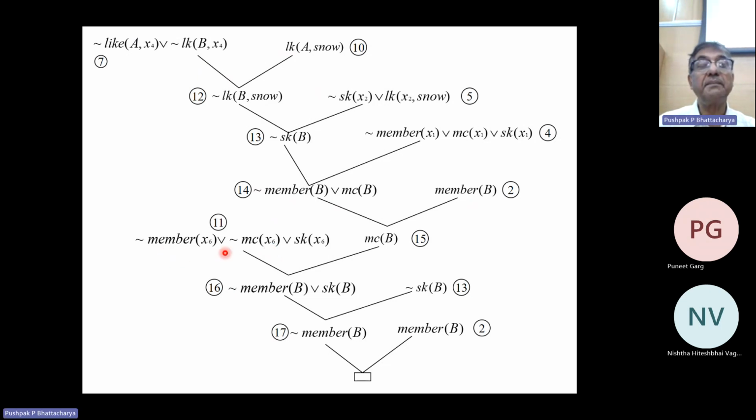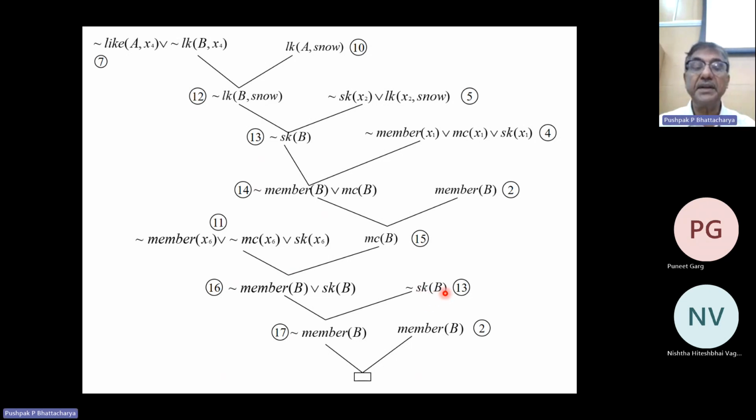So not member B, not MC B, SK B, and MC B. So MC B and not MC B cancel each other, giving rise to the resolvent not member B or SK B. Now, not SK B was already proved in the system. So here I'm making use of a proved clause, not given clauses.